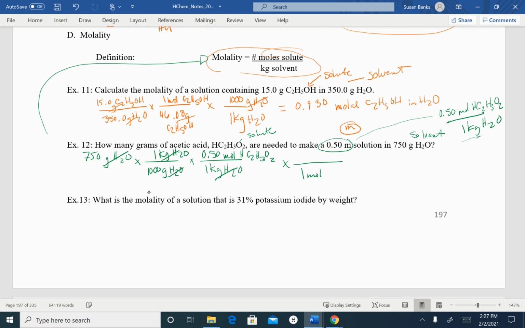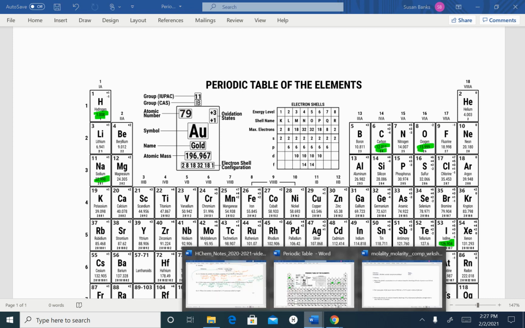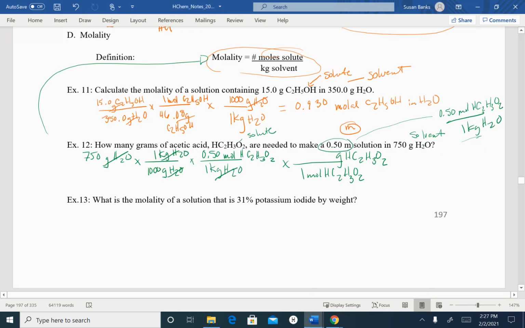So in 1 mole of acetic acid, I have how many grams of acetic acid? So we need to add up, let's see, we've got 4 total hydrogens. So hydrogens is 4 times 1.01. If I look at my periodic table, hydrogen is 1.01, carbon's 12.01, and oxygen is 16. Okay, so we're going to use those masses. So we've got 4 hydrogens.